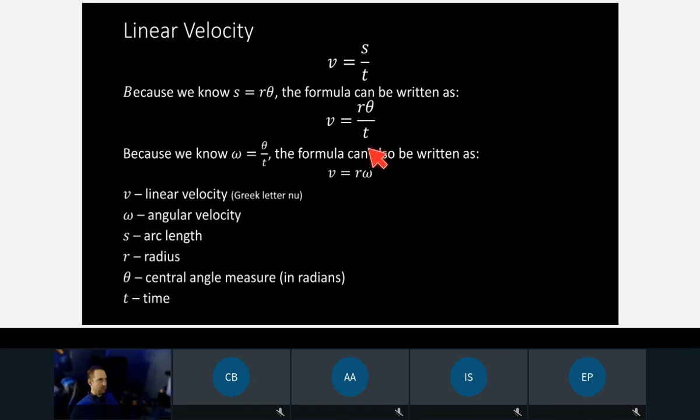So this becomes omega, the r sticks, and then there's your v. So three ways to write your velocity formula. And you can use these without thinking of how we got there. Just there they are. All right, omega is angular velocity, v is your linear velocity, s is your arc length, r is radius, theta is your central angle in radians, and t is time.